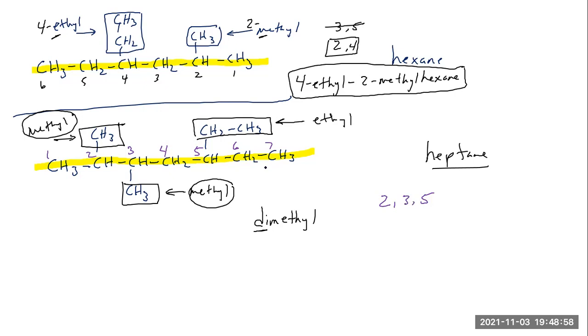If we number the other way, 1, 2, 3, 4, 5, 6, and 7, we end up with groups at 3, 5, and 6. Again, 2 is less than 3, so we would not want to go this way. In this case, we would want to number left to right here. Any questions on that?